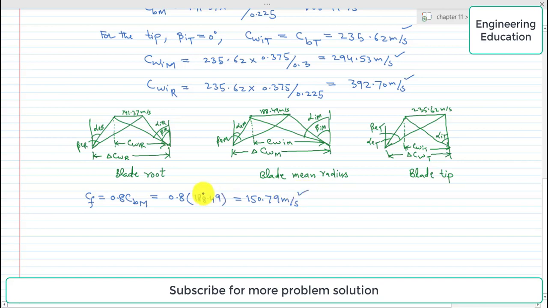This velocity CF is constant throughout.